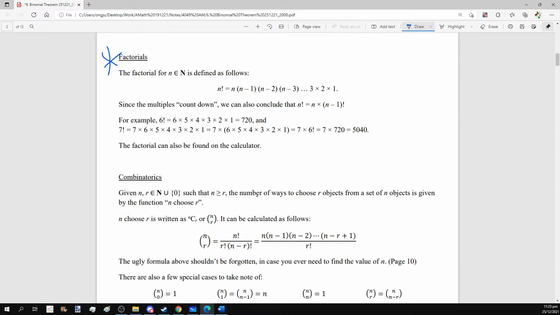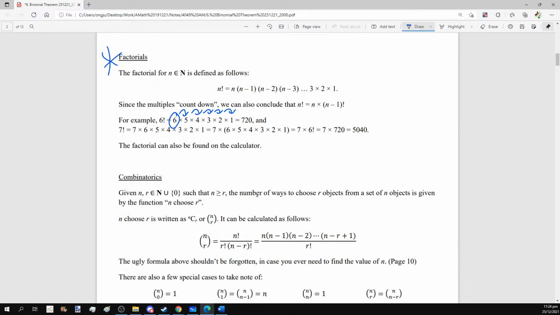For example, 6 factorial, which is written as 6 exclamation mark, we will simply start from 6, and then we will go one step down to 5, 4, 3, 2, 1, and then we will stop there.